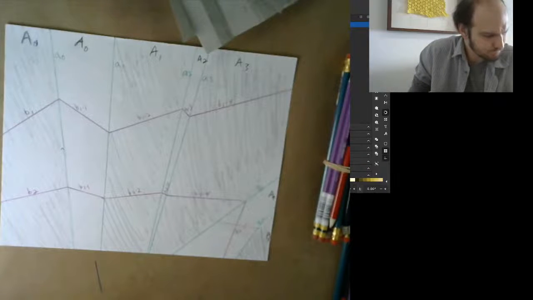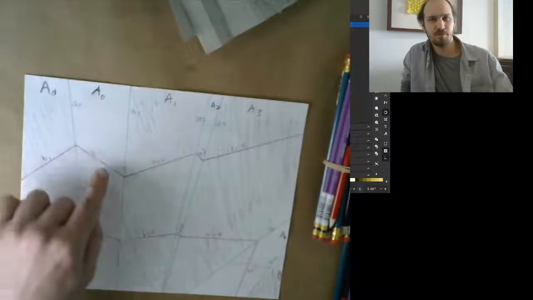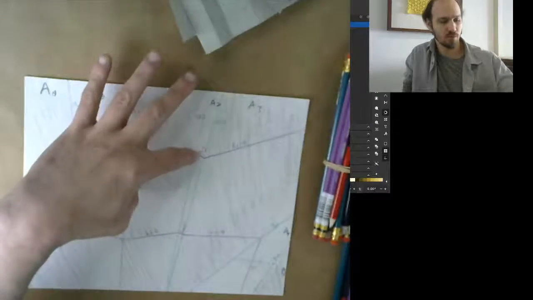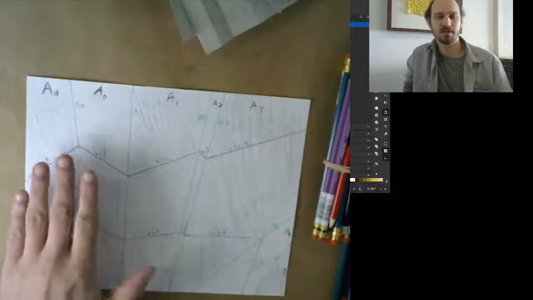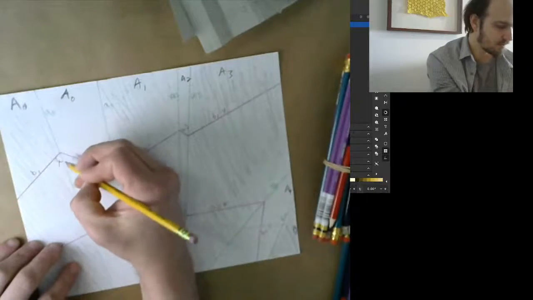Okay. It looks like all of the B1 lines, this is B1, this is 1-1, 1-2, 1-3, looks like all of those are separate lines. Now they're determined by the angle here.